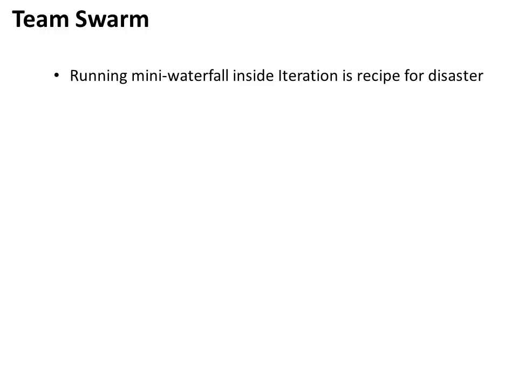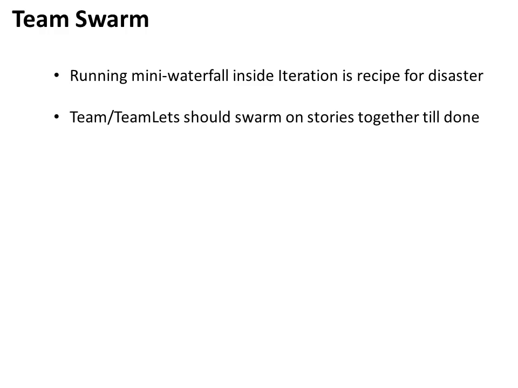So now let's get into how the development is done inside a Scrum team. It's called Team Swarm, and let's start by saying what it is not. It's not a mini waterfall inside the iteration, which a lot of times people assume. It's more like a group.